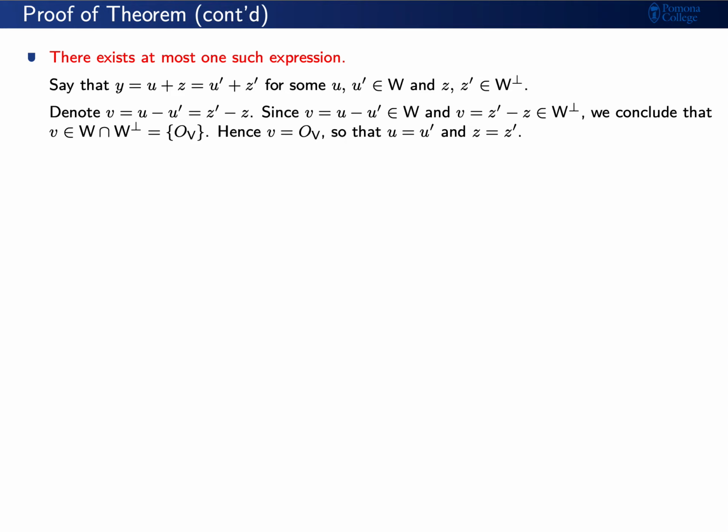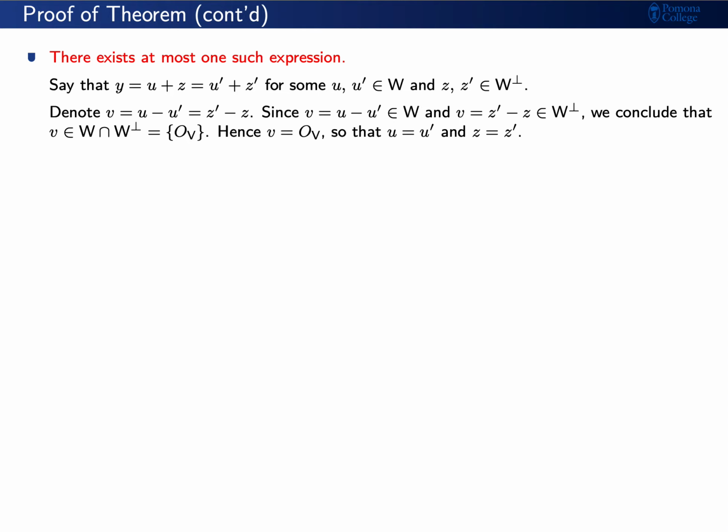Let's denote lowercase v as U minus U prime, which, by looking at some algebra, is the same thing as Z prime minus Z. Now, U and U prime are in our vector space W by assumption, so the difference U minus U prime must also be in W. Similarly, Z and Z prime are in the orthogonal complement, and the orthogonal complement is a vector space, so its difference, Z prime minus Z, must also be in the orthogonal complement.